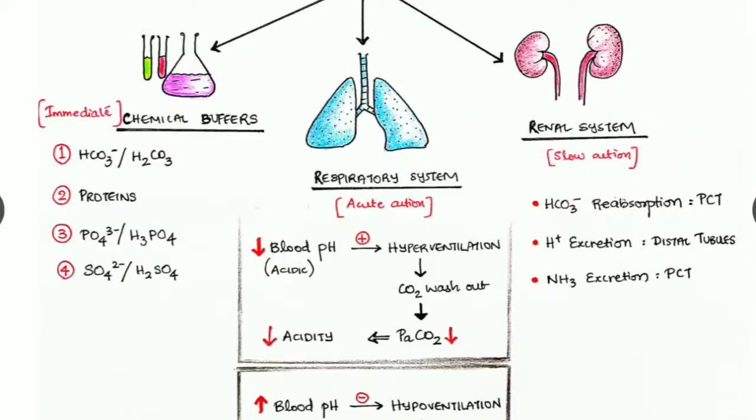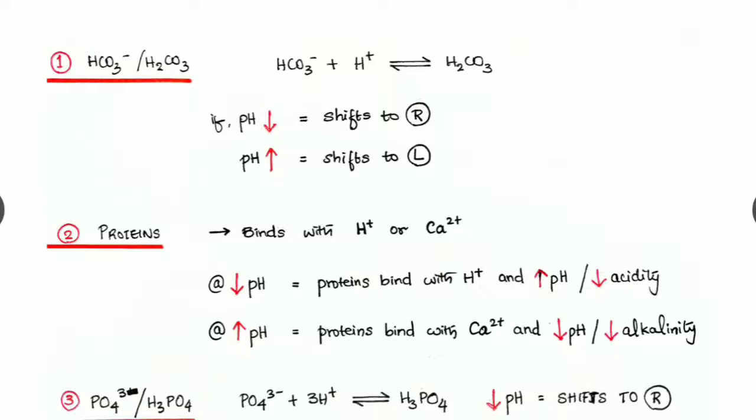Let's go deeper. Regarding the chemical buffers, the bicarbonate buffer, this is the equation: HCO3- plus H+ combines to give H2CO3. If the pH of the blood is lower, which means the blood is more acidic, then it shifts to the right.